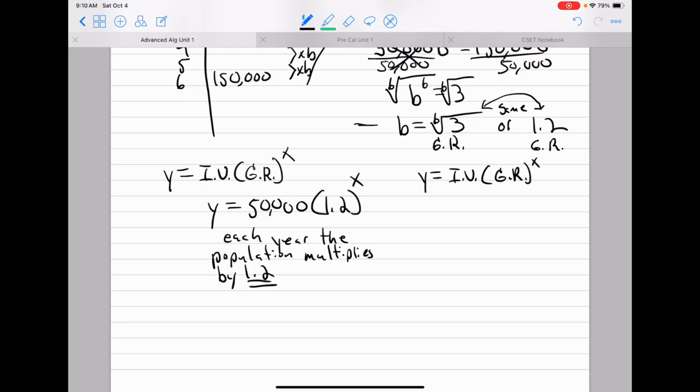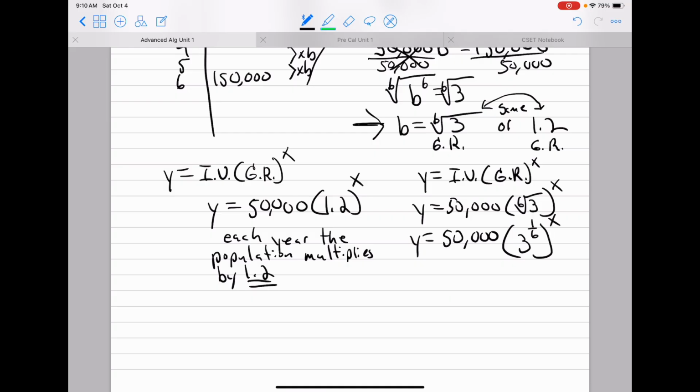But we're going to use this growth rate up here. So this one says y equals initial value 50,000 times the growth rate sixth root of 3 to the x. Now with this one, we got to do a little mathematical, algebraic manipulation. So we go, y equals 50,000. The sixth root of 3 is 3 to the 1/6 power to the x.